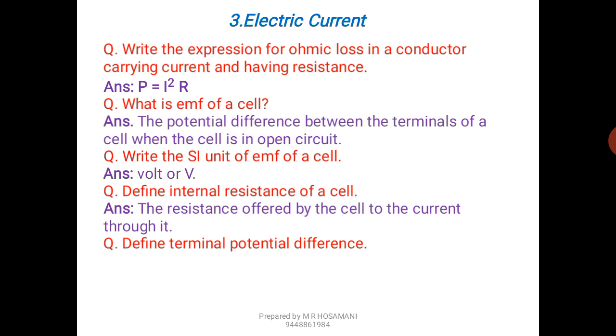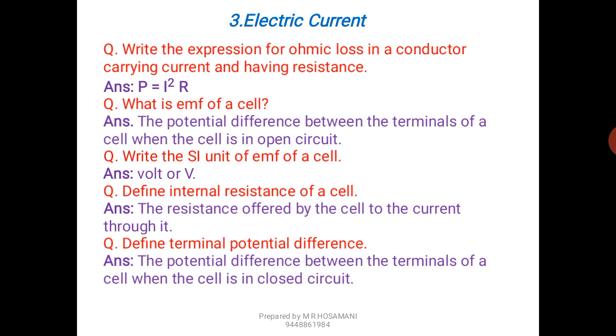Then the question is, define terminal potential difference. Terminal potential difference is the potential difference across the cell when the cell is in use, that is, the potential difference between the terminals of a cell when the cell is in closed circuit.